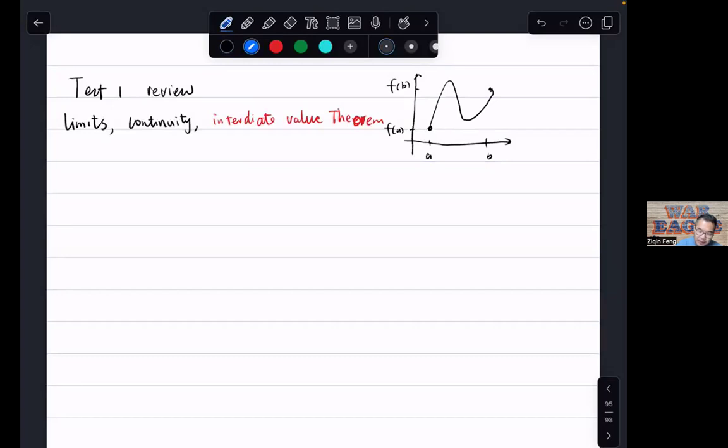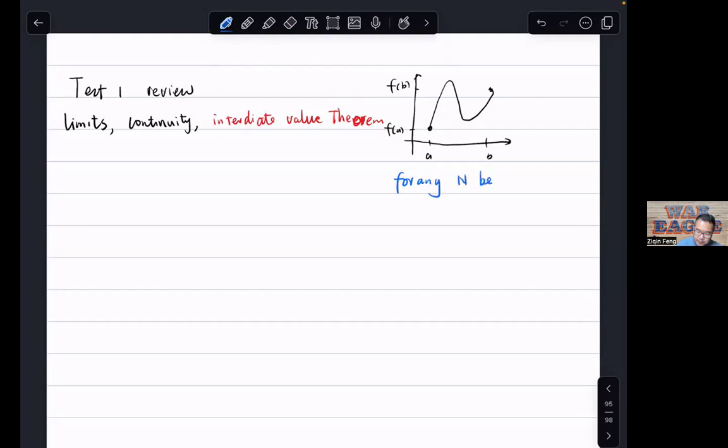So if that happens, then for any number n between f of a and f of b, then there is a c inside (a, b) such that f of c equals n, right?